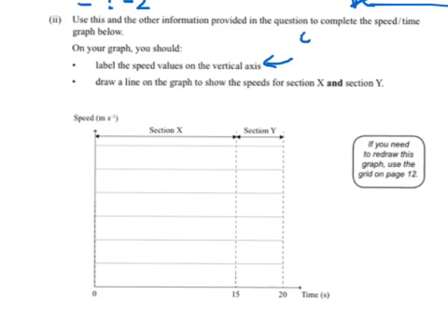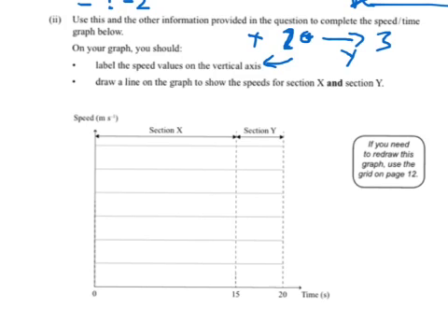Remember, during section X it's going 2 meters per second, and then in section Y they're going from 2 up to 3 meters per second at a constant acceleration rate. We also have to draw a line on the graph to show the speeds for section X and section Y.